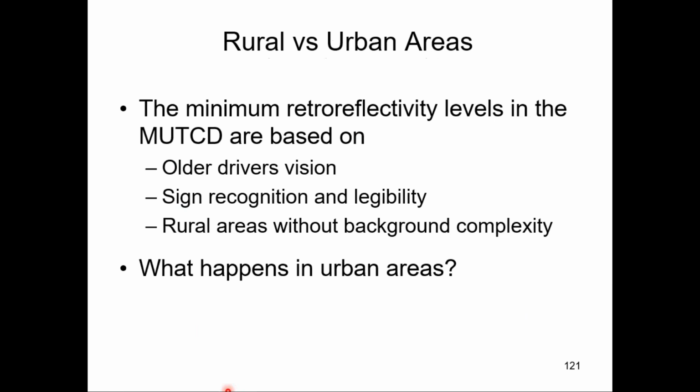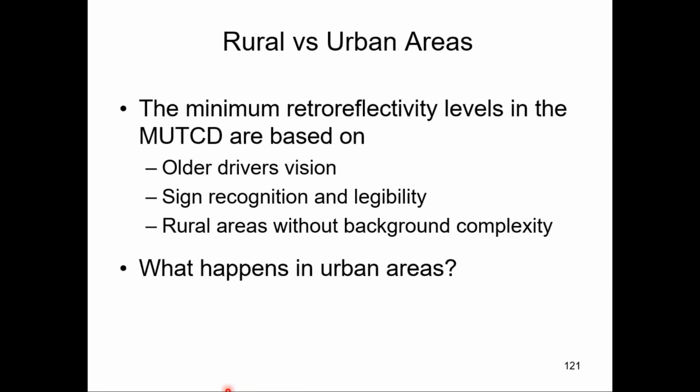Another issue to think about, and someone mentioned this in their comment or question, is lighting or background lighting in an area. A good question is rural versus urban areas. And I should note, I probably haven't mentioned it before, but the minimum retro values in Table 2A-5 are based on, of course, older driver vision. We talked about that. They're based on the specific type of headlamp.